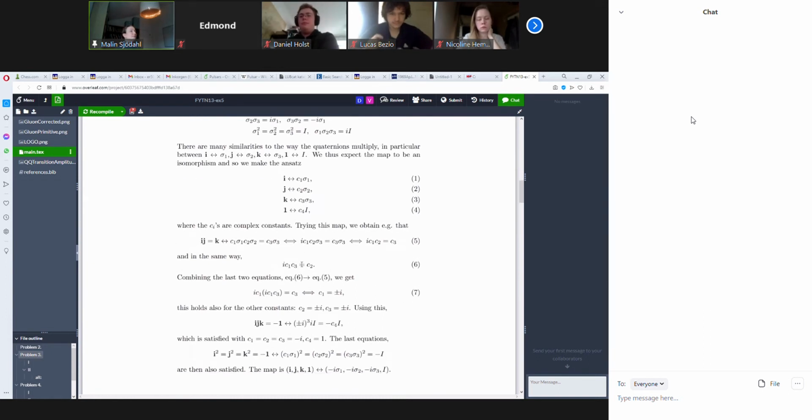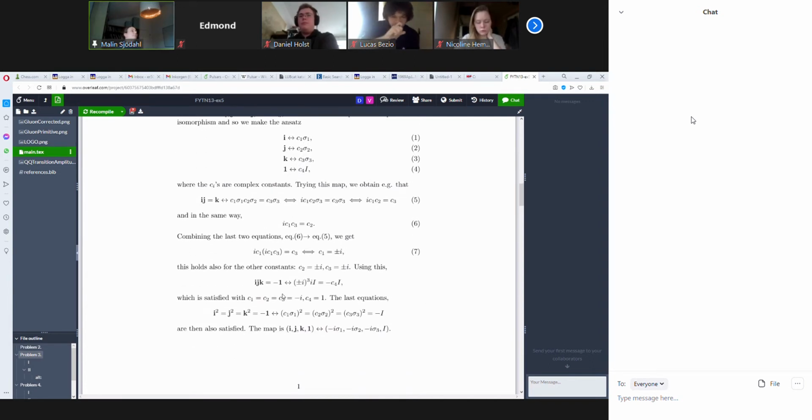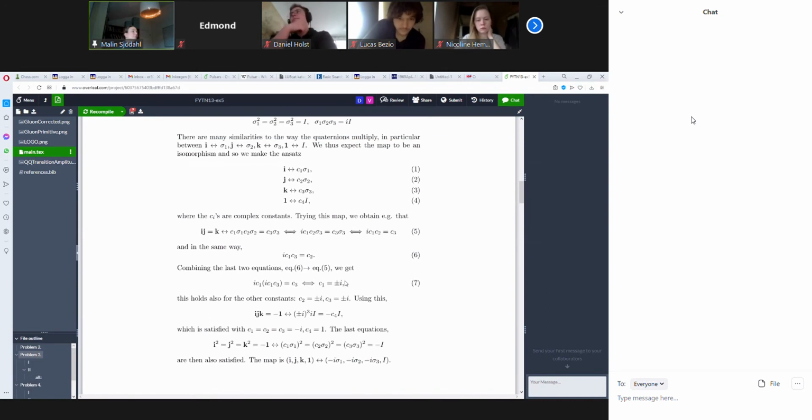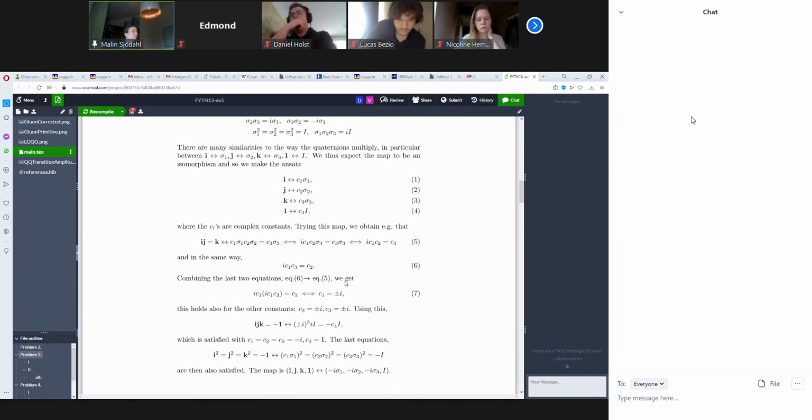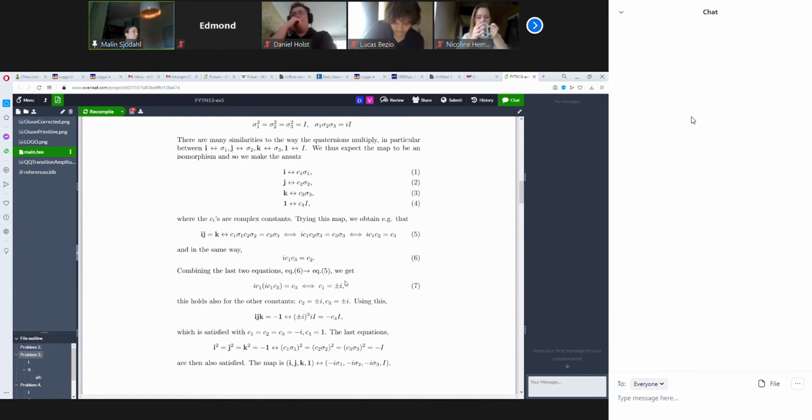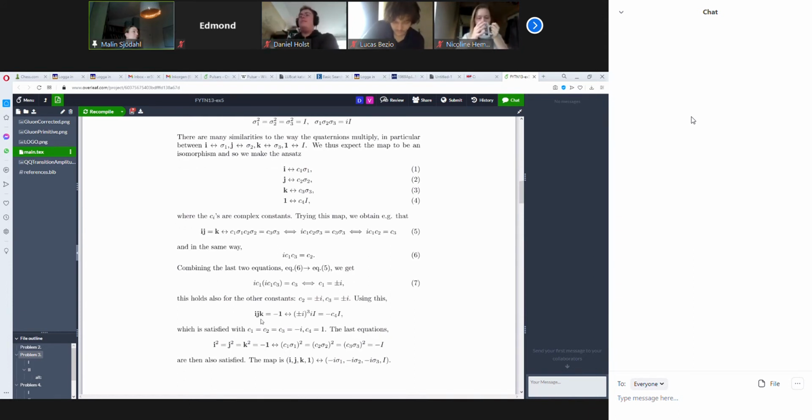Yes. So if we use this, it should actually fulfill these: ij should be k, ki should be j, and jk should be I. But then we have another relation that the product of these three should be minus 1. And then we don't know if it should be plus or minus for the constants, but we get this equation.